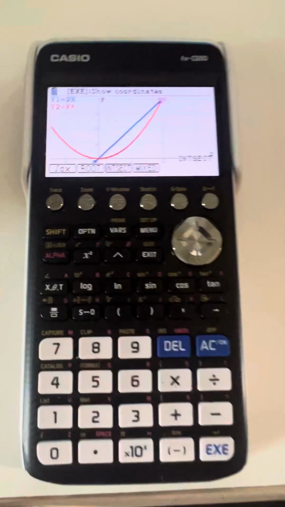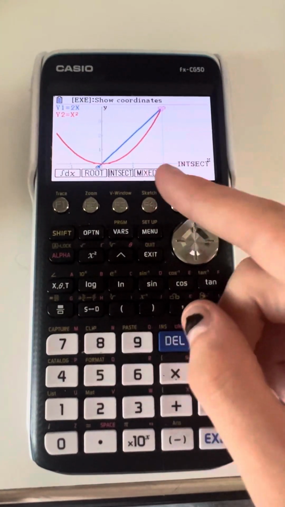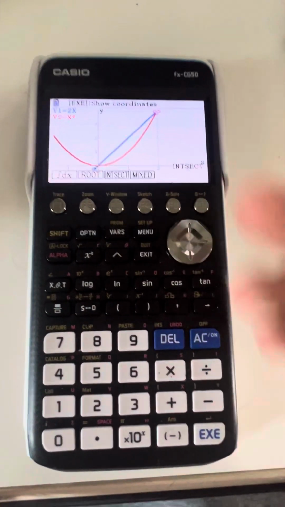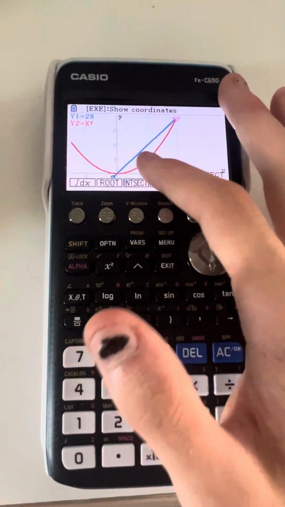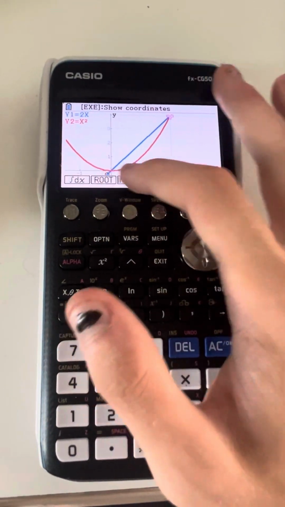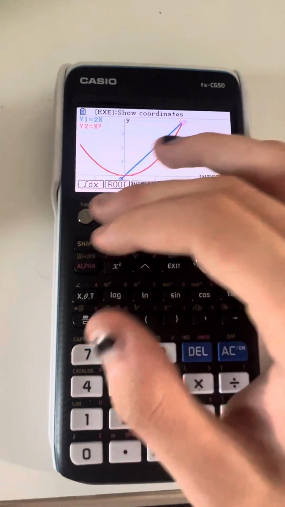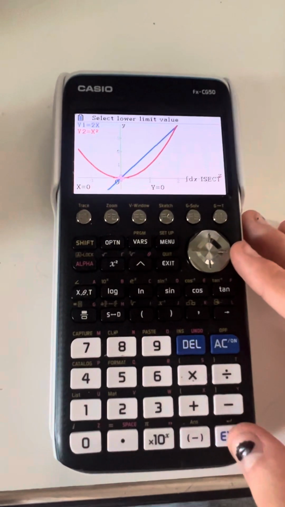In this case, that wouldn't work because it only crosses the axis once. Intersection is what we're going to look at. Mixed is a more complex way of thinking about it, or just an integral of a function. If I wanted to find the area under the curve of this whole region for our linear curve, that could work. But we're going with the intersection to find the area between these curves.